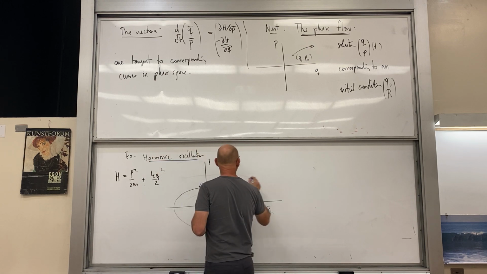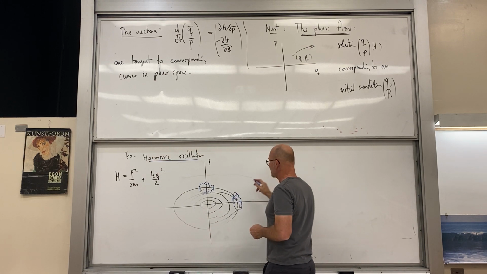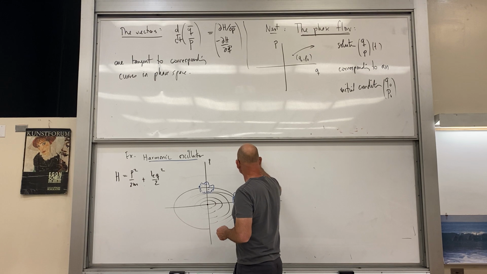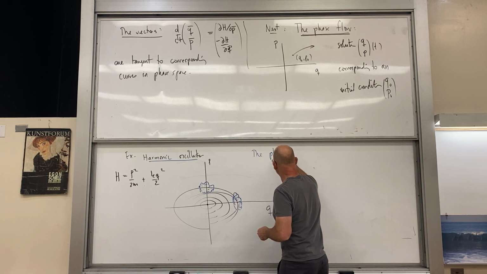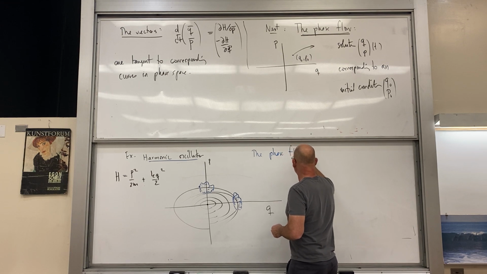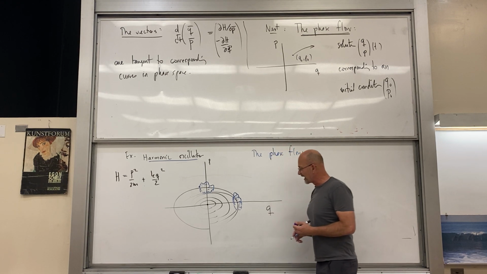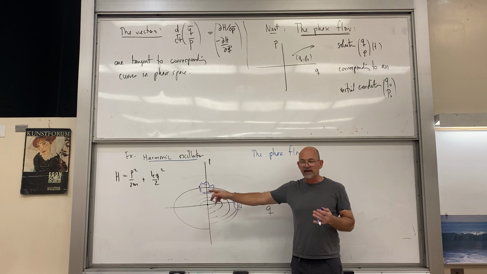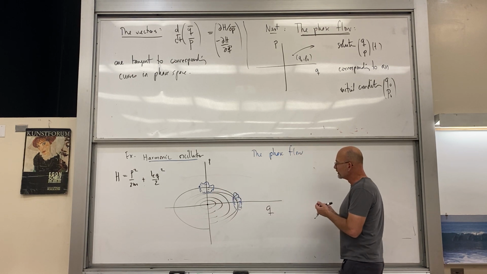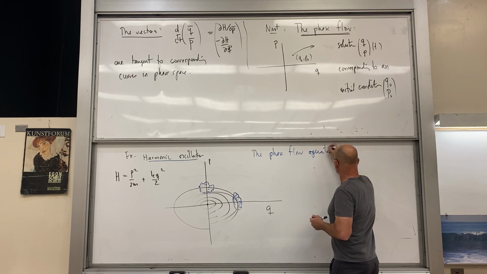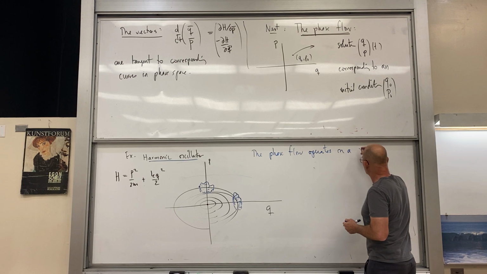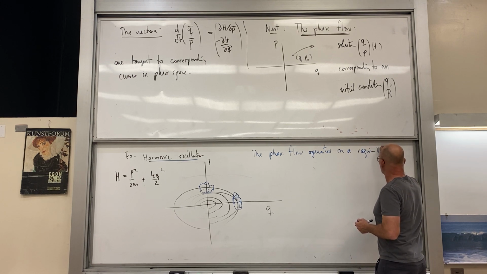We're talking about the phase flow, and this phase flow carries a region as though it were a fluid that's just swirling around here. Or we'll just say it operates on the region of phase space.